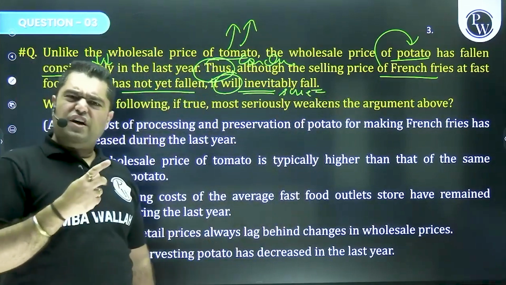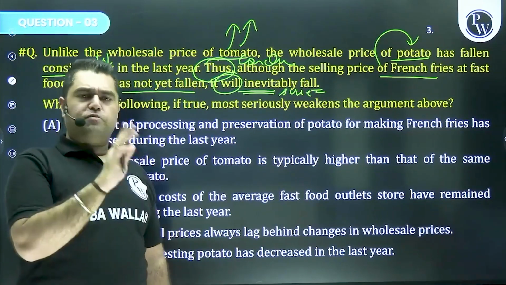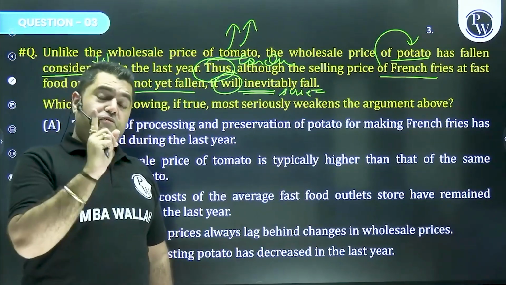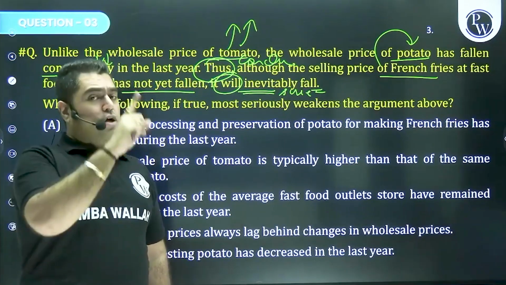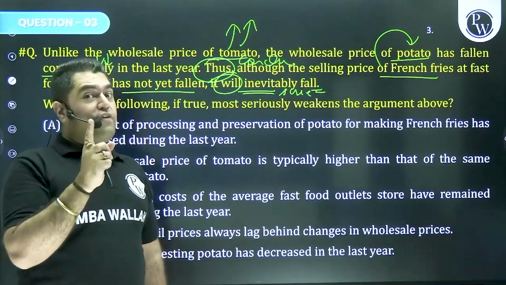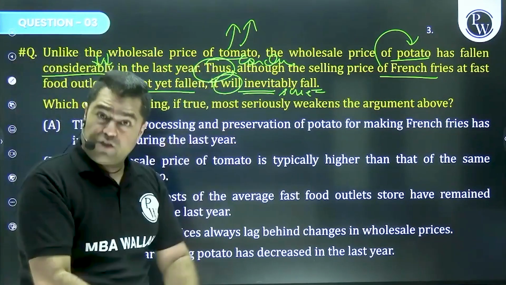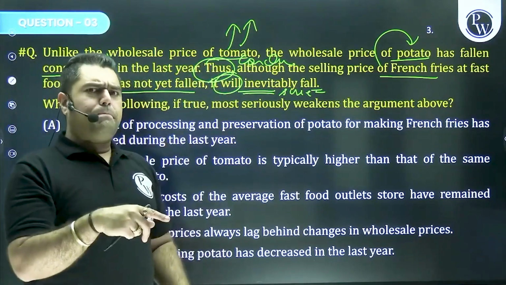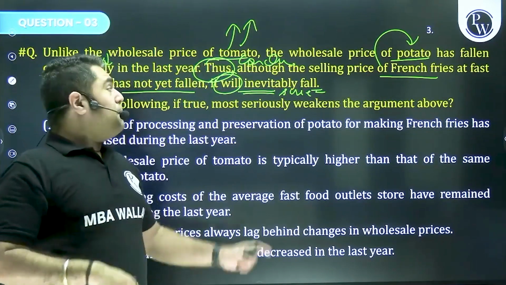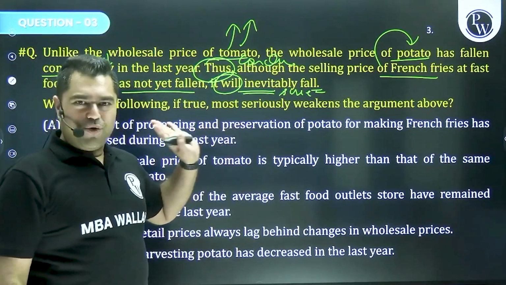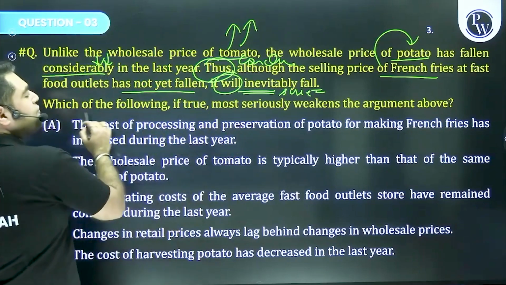Now this is a weird thing. He's saying the wholesale price of potato has fallen, French fries' price has not fallen, but it will fall. He's concluding. Now, which of the following, if true?